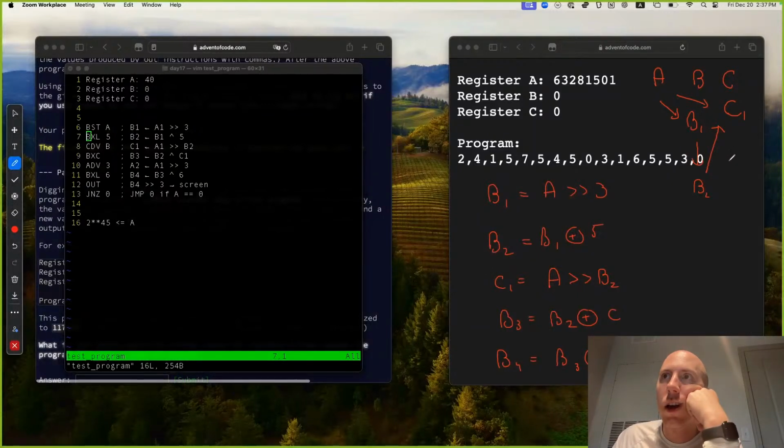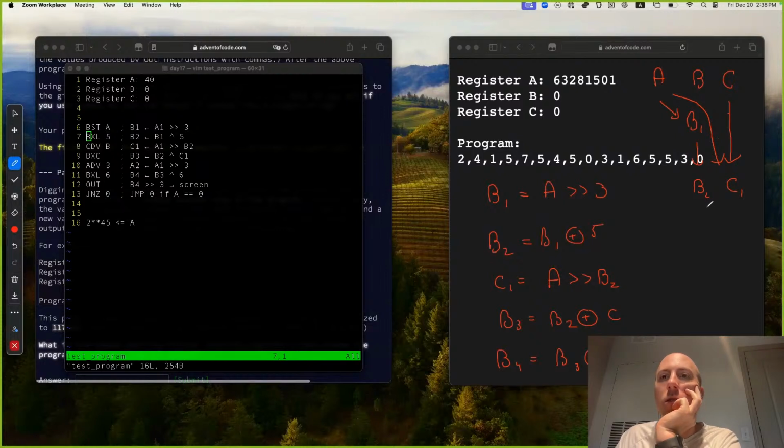C1 and B3. Maybe it's better to do it down here, where we get C1 and A also. It's required for that.